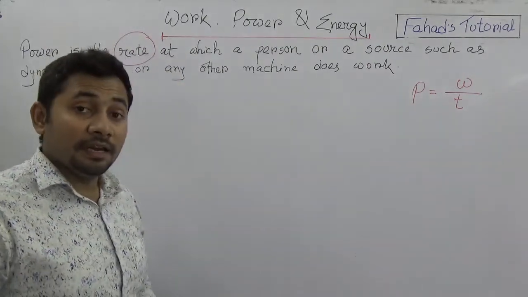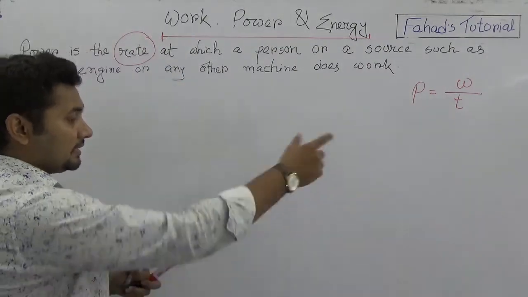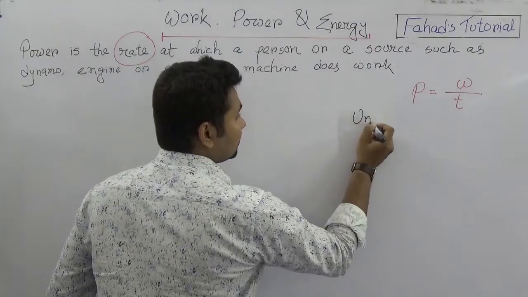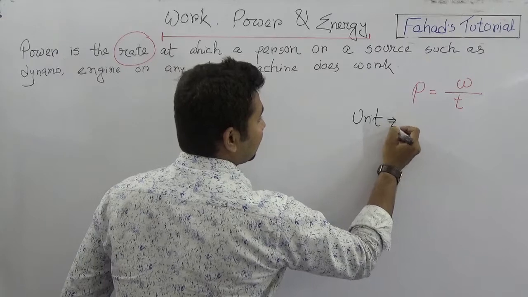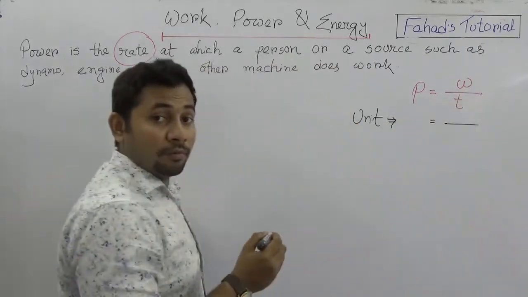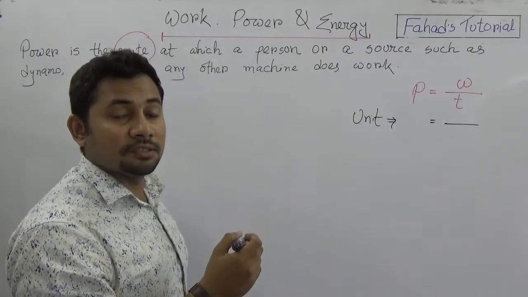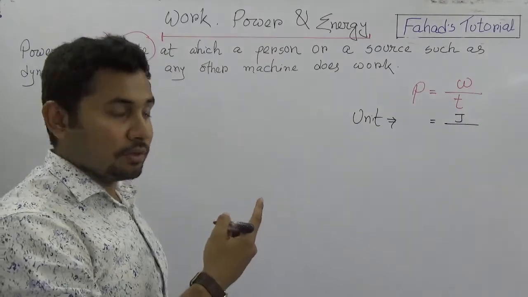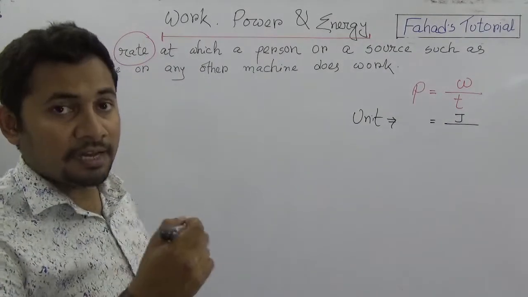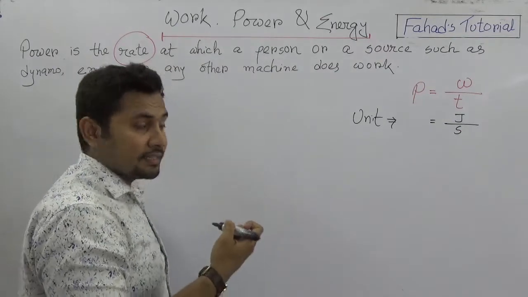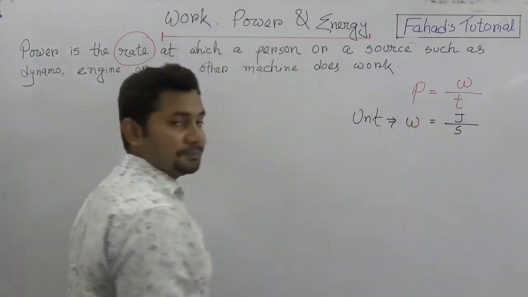In case of unit, we know that the unit of work is joule, and the unit of time is second. So if I divide joule by second, we will have watt.